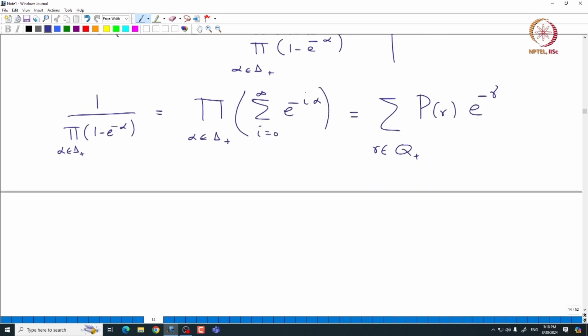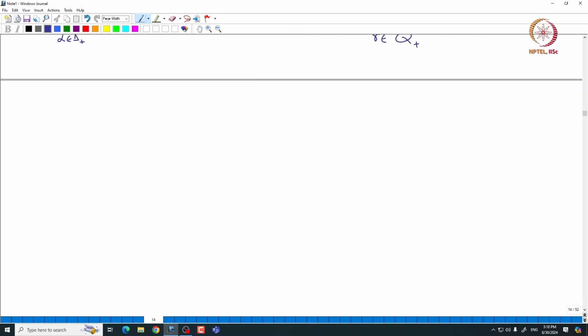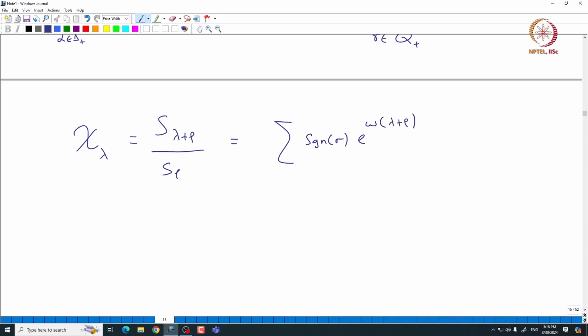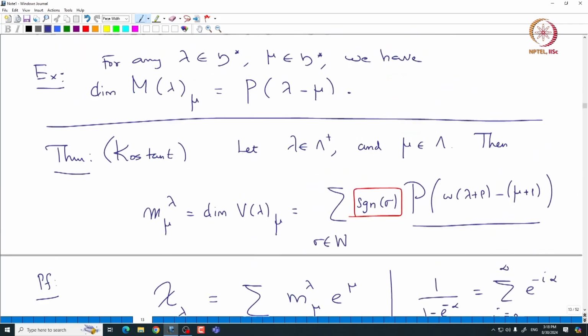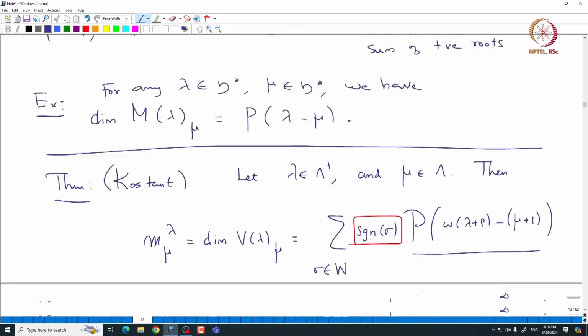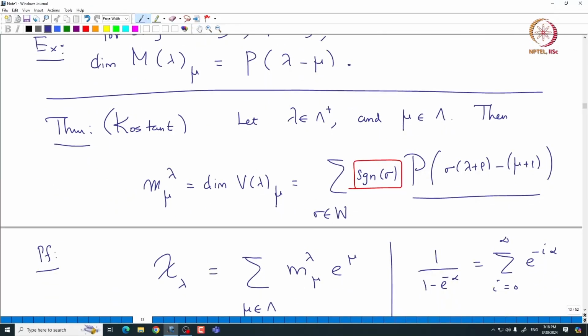So, in particular, if we use this explicit expression of the inverse of S rho in the character formula, then the character formula says chi lambda is given by S lambda plus rho divided by S rho. So this is exactly equal to the summation of sine of sigma e power w lambda plus rho. I was mixing signs, so it should be sigma here.